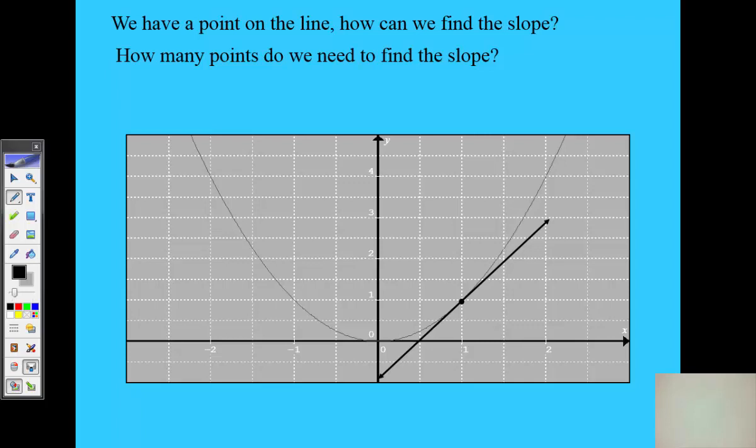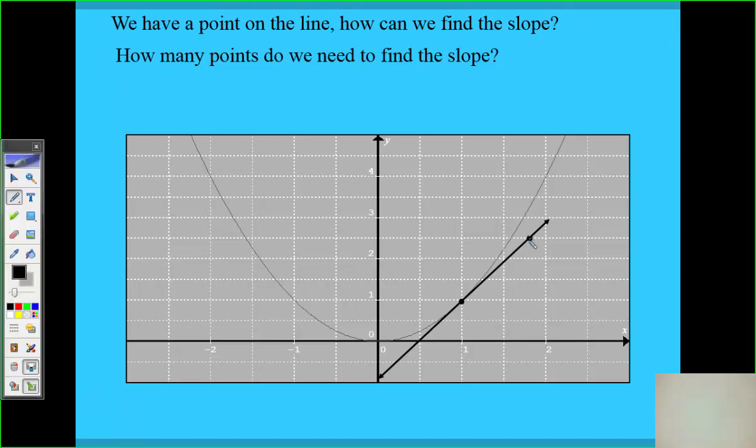So if we have another point, let's say we had this point right here, then we would have 2 points. We'd have an x sub 1, a y sub 1, an x sub 2, and a y sub 2. Then we could use the slope formula.